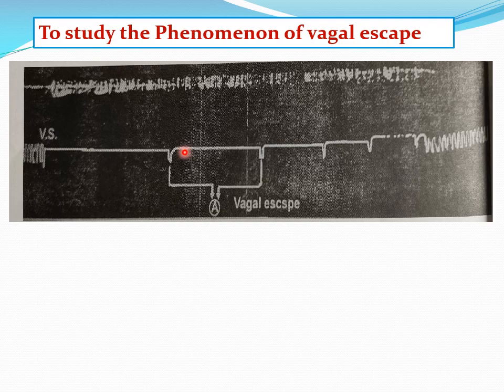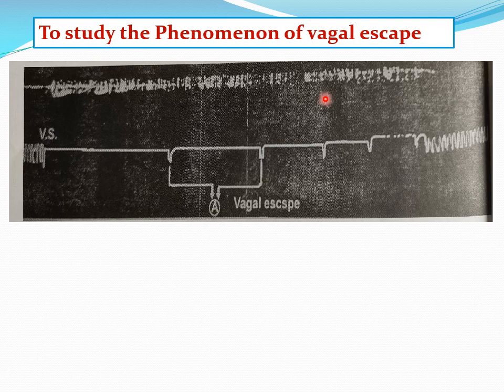When the vagal stimulation is continued, the heart starts beating again, showing the escape. The heart starting to beat again is called the vagal escape, even though the stimulation of the vagus nerve is continuous. So this is the definition.